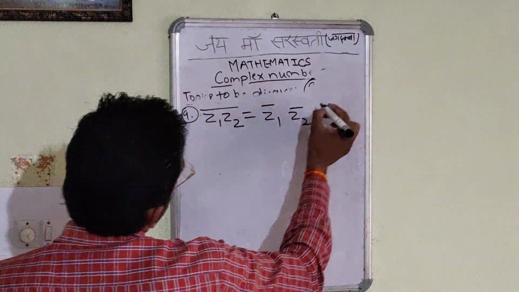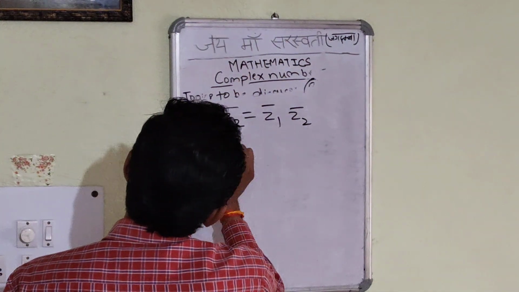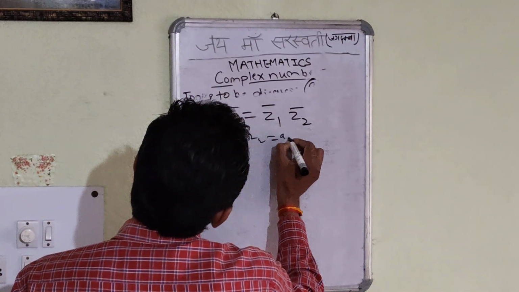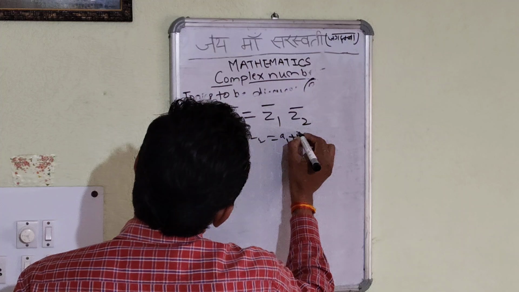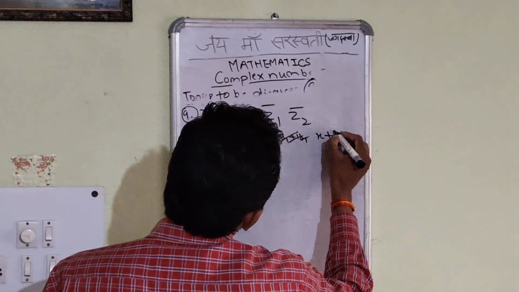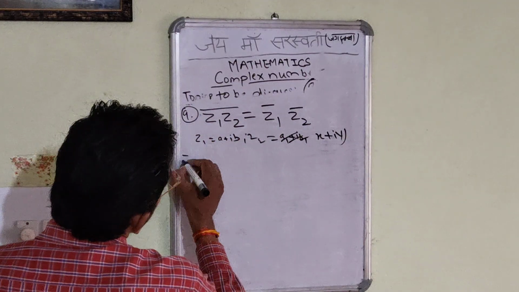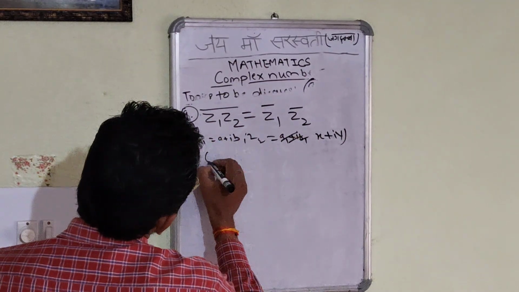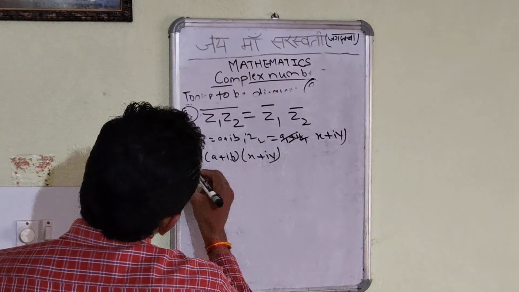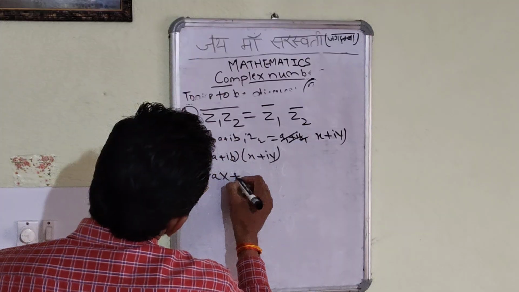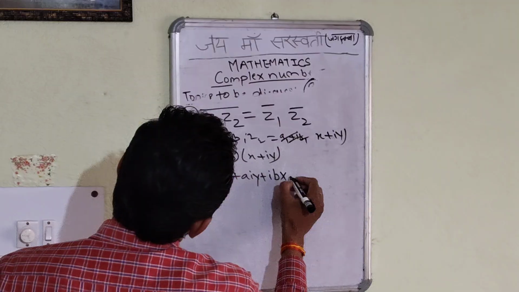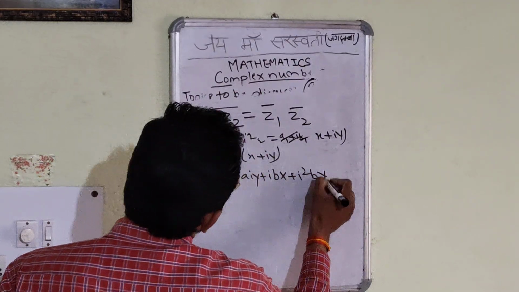Suppose z1 is equal to a plus ib, and z2 is equal to x plus iy. So we have to multiply. It will be a plus ib times x plus iy, so ax plus aiy plus ibx plus i square by.